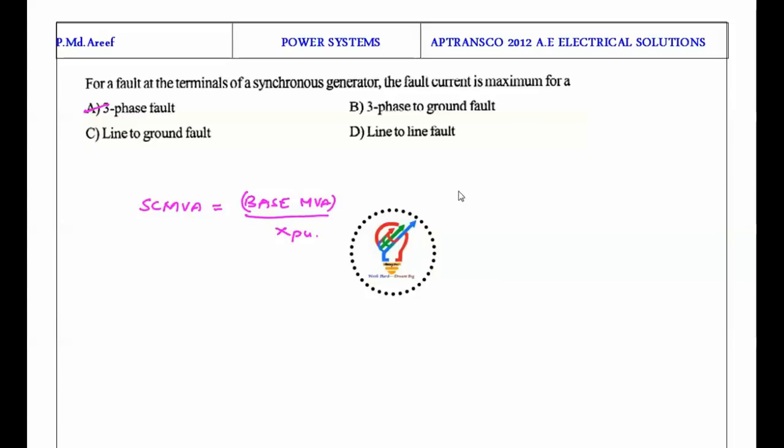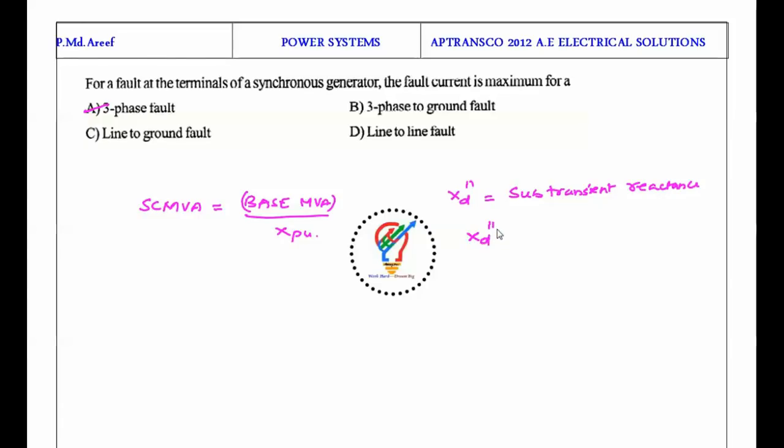In an alternator we have three reactances. During the fault condition we have X" (X double dash), which is the subtransient reactance. The subtransient reactance is very low in an alternator during the fault condition.